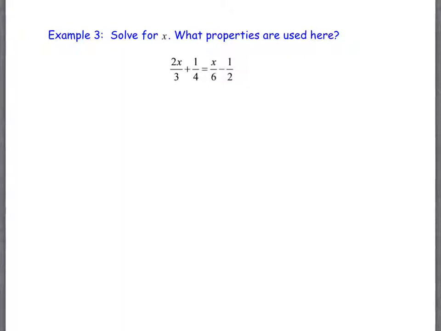So these are some addition and subtraction properties that we're about to employ. So one thing I'm going to do is subtract the x over 6 to the other side. And then I'll use a different color, or at least I'll try to. And then I'm going to subtract the 1/4 to the other side.